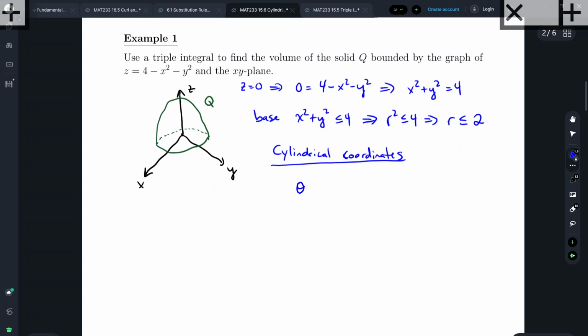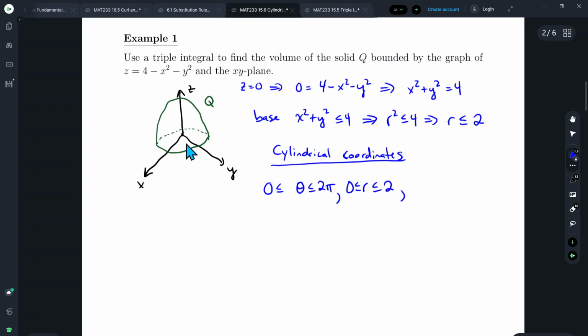The parameters r and theta are describing the xy plane, which is exactly this disk here. So it's the full disk, so theta should rotate completely around from 0 to 2 pi. And r is less than or equal to 2, so r goes between 0 and 2.